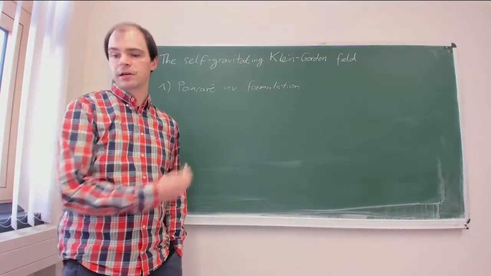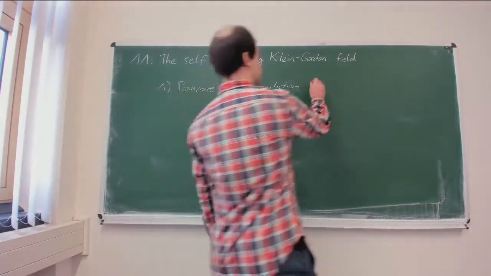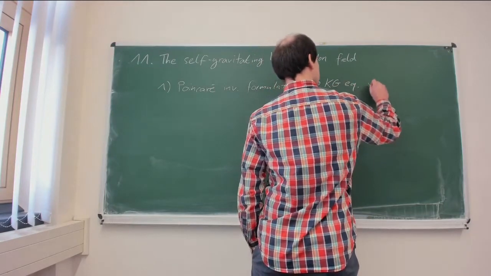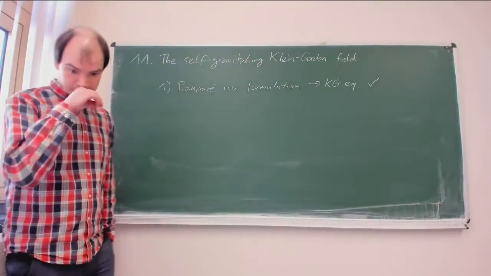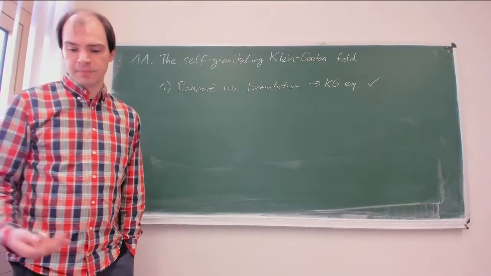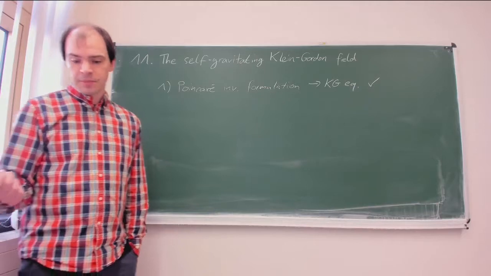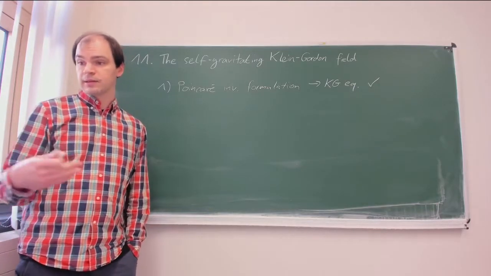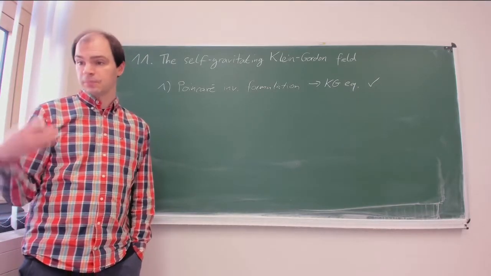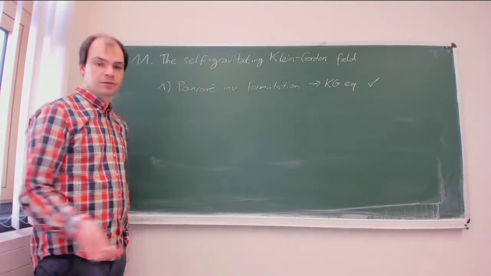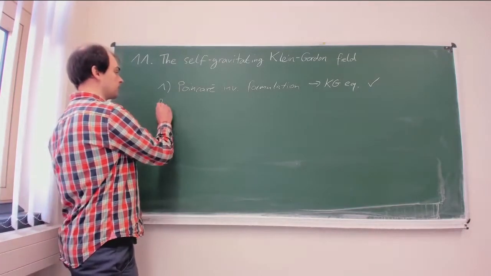So this would be our Klein-Gordon equation. The second step would then be to find a general relativistic version of this by replacing the flat metric by the curved spacetime metric and partial derivatives by covariant derivatives.